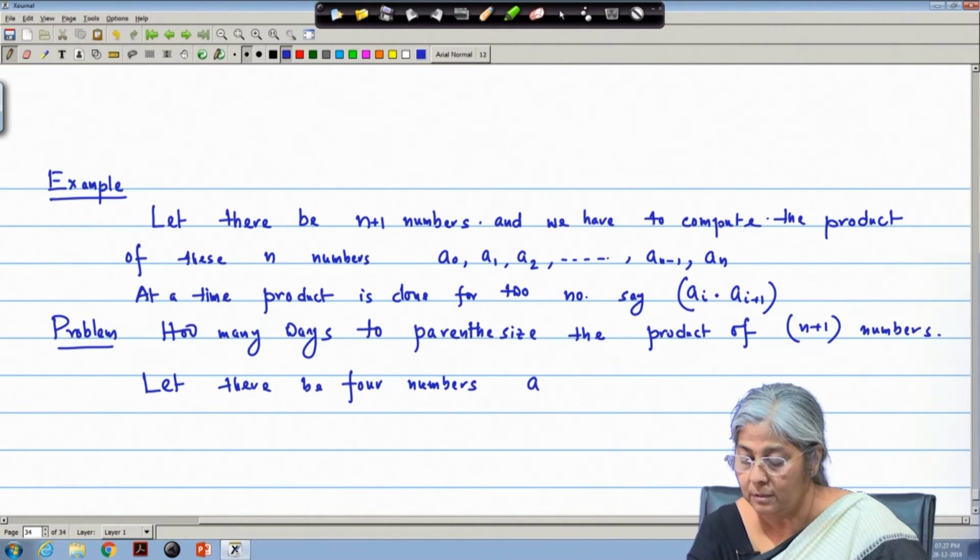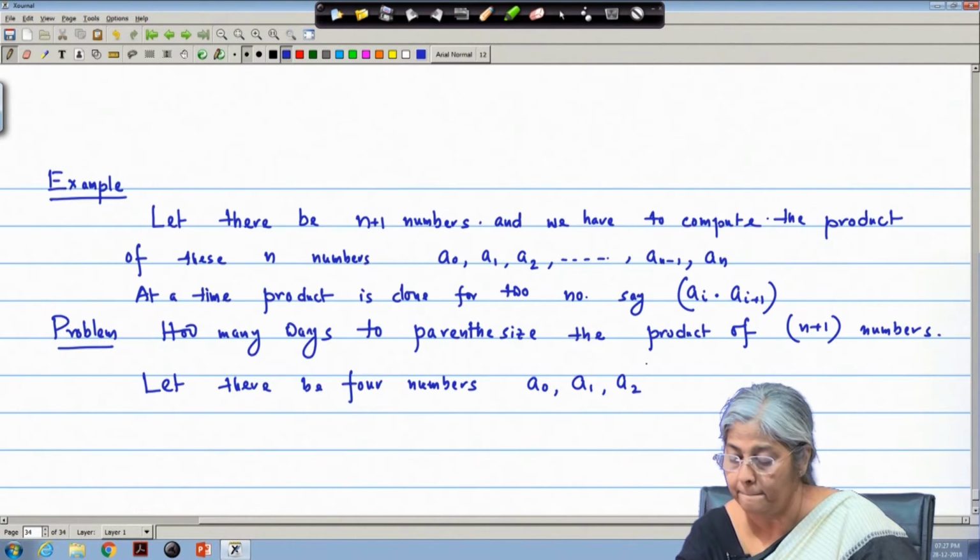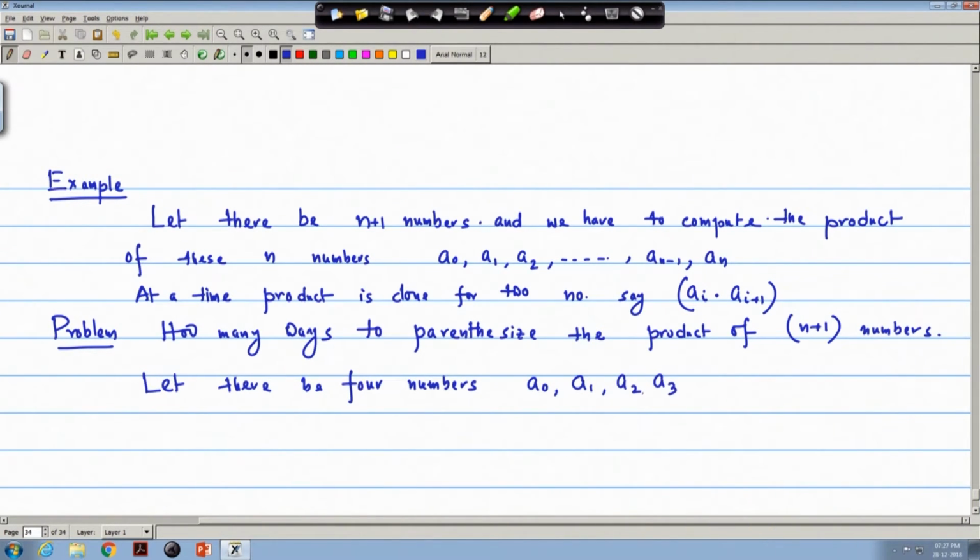Numbers, say A0, A1, A2, A3. Now, we can parenthesize to compute the product.